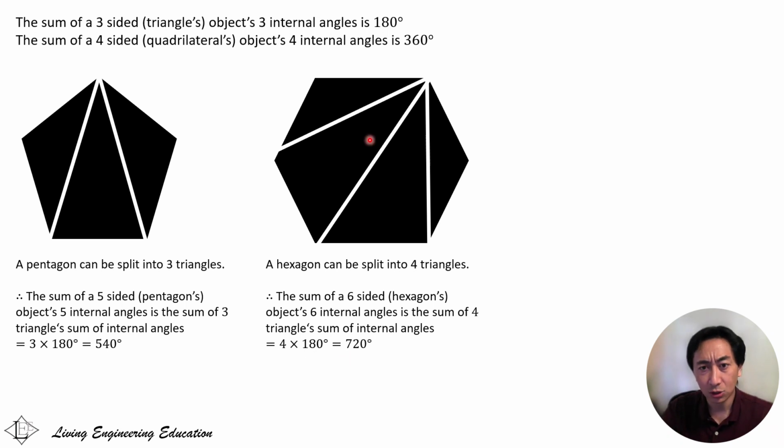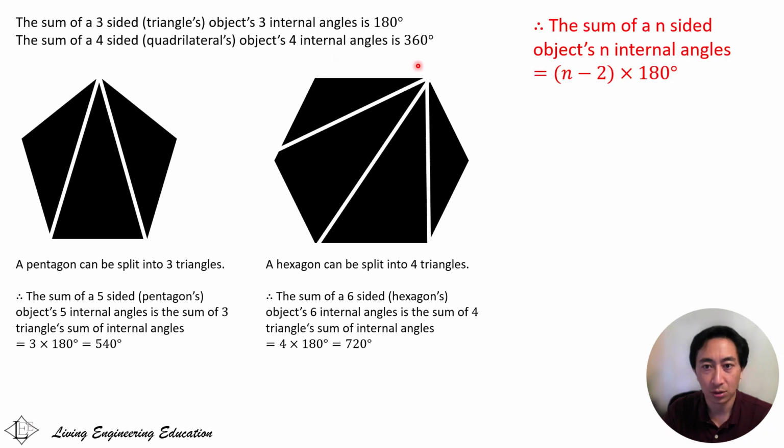So we can generalize this now. A quadrilateral, a 4-sided object, was 2 triangles. So we can basically say the sum of an n-sided object is equal to n minus 2 times 180 degrees. So a quadrilateral, 4 sides, 4 minus 2, 2 times 180 is 360.